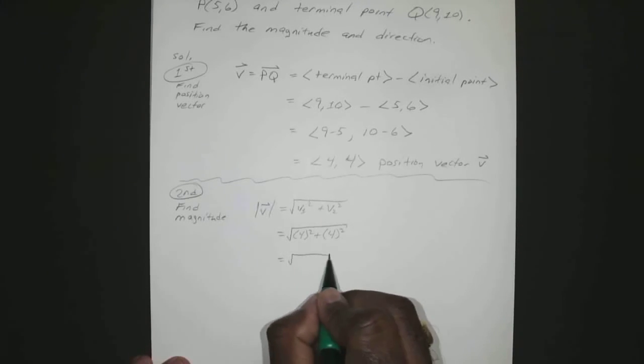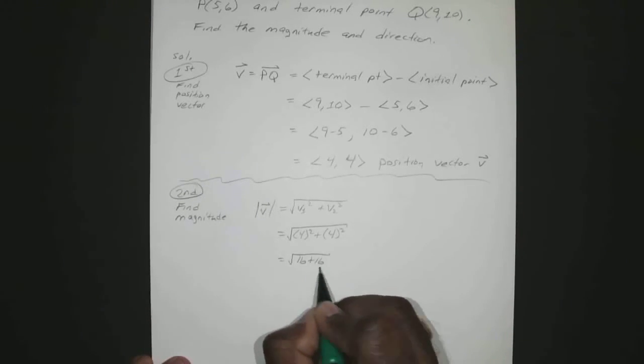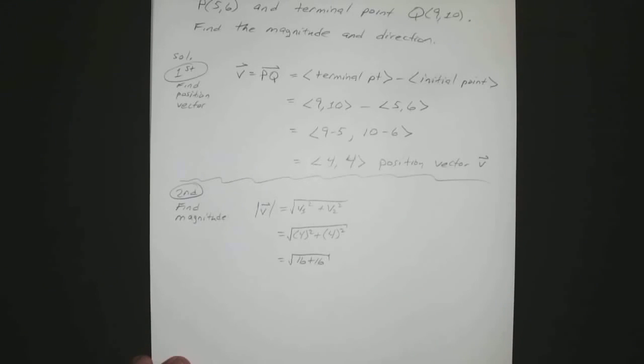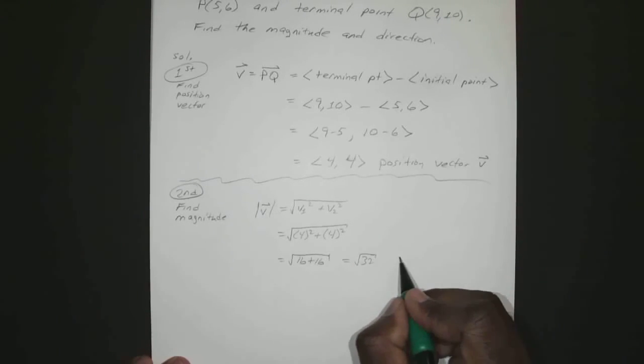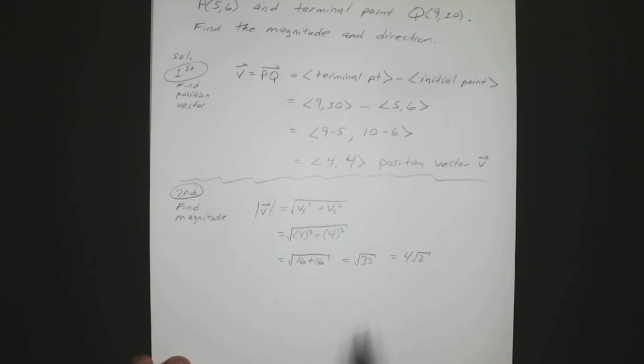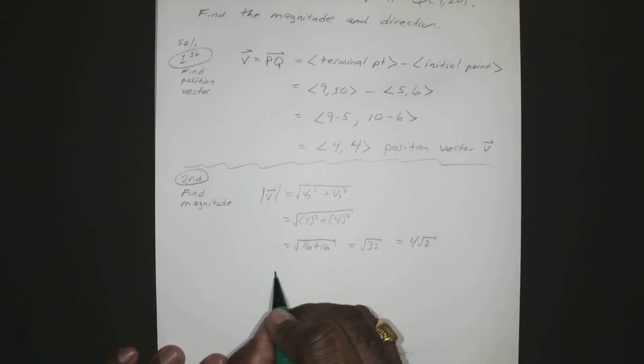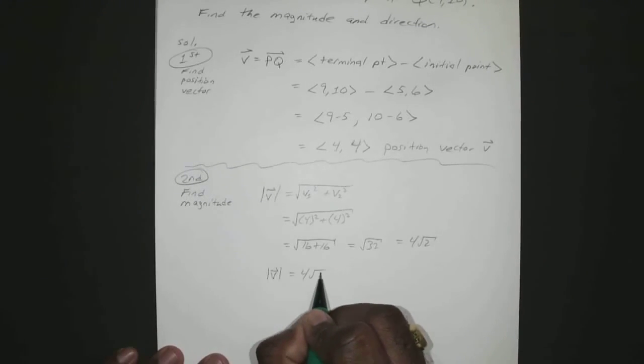Okay, which is square root of 16 plus 16. Okay, and that equals the square root of 32, which simplified is just 4 times square root of 2. So our magnitude is equal to 4 square root of 2.